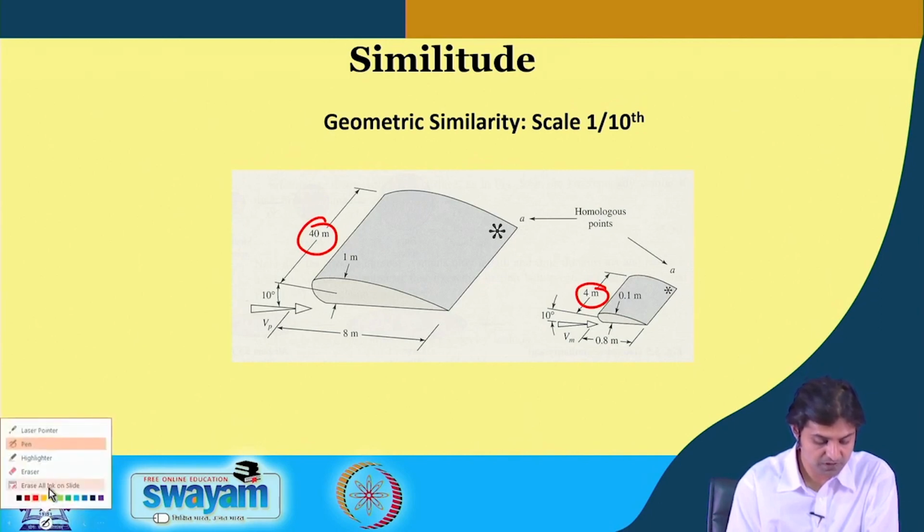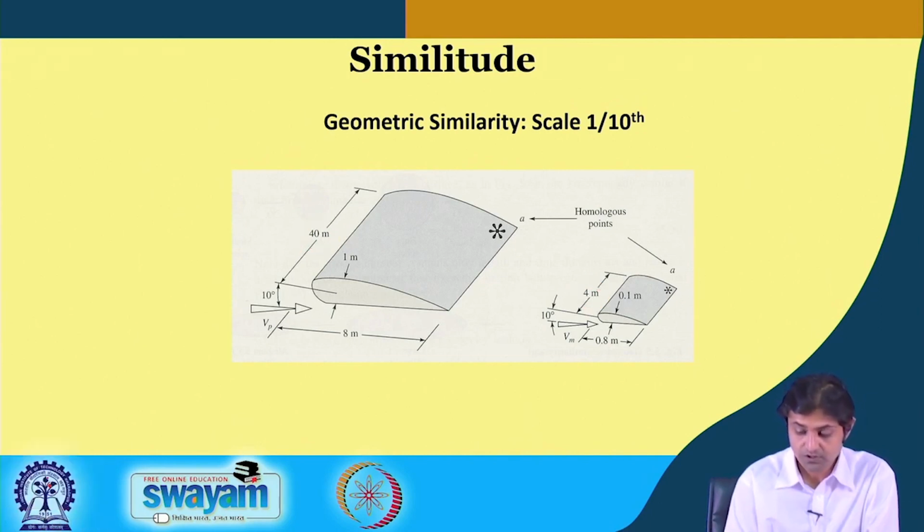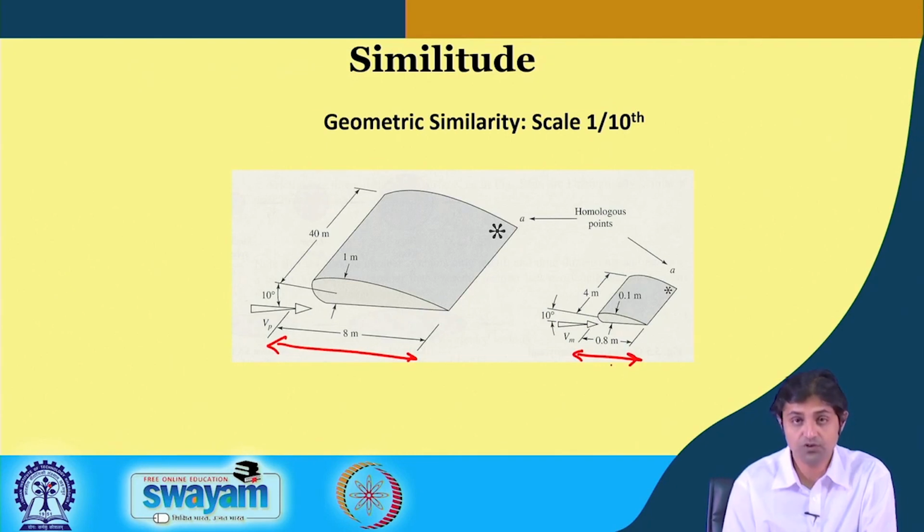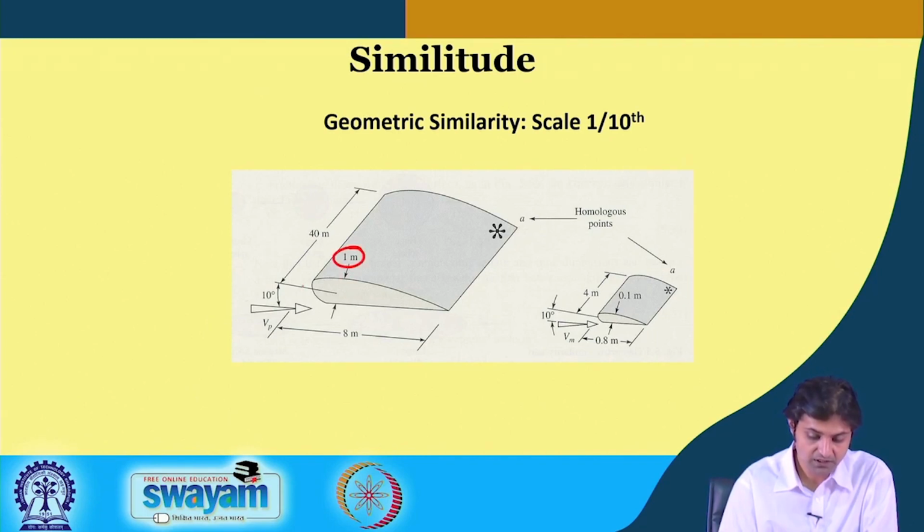We will go one by one and show you. This was 8 meters long, so this is 0.8 meters, also a ratio of 10. This was 1 meter thick, and 10 times less is 0.1 meters thick.